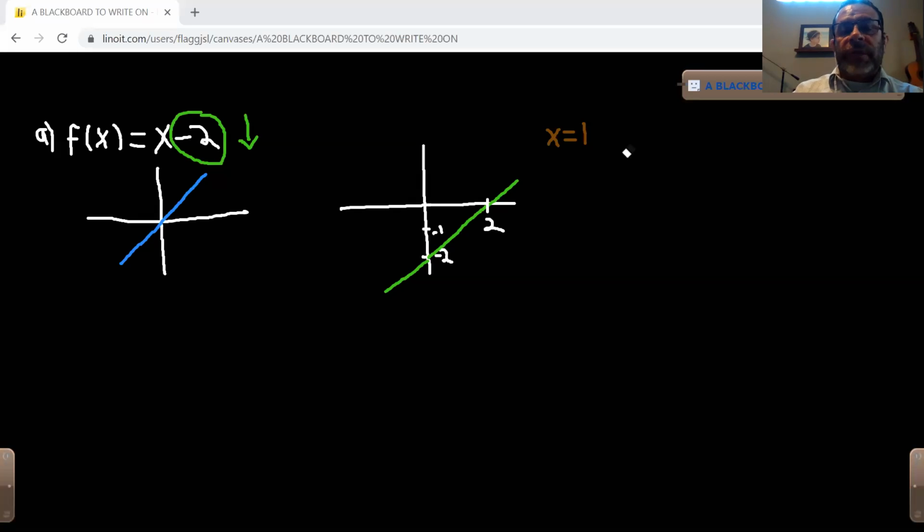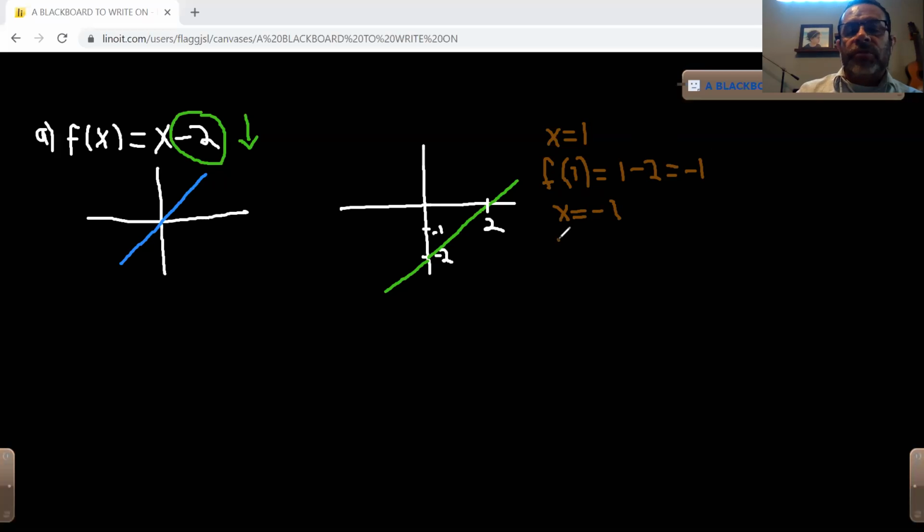We are going to say that f of 1 is equal to, and we're just doing this to practice, 1 minus 2, and this is going to be equal to -1, right? And then let's say now that x equals the negative version, which is -1.